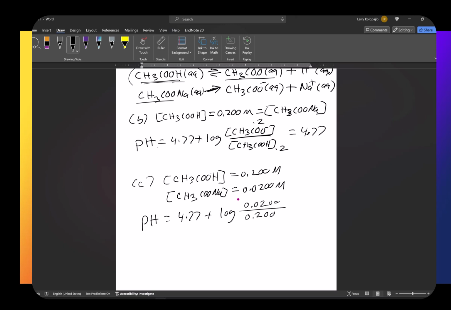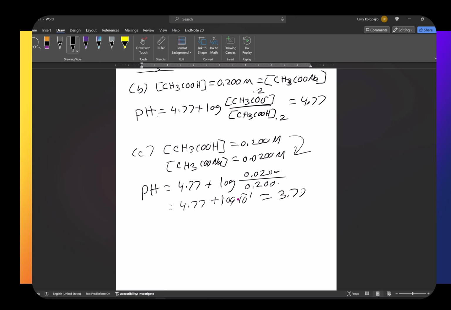You can calculate it out, right? You can get 4.77 plus log of 10 to the negative 1, which subtracts. There's going to be more acid than conjugate base. The acid is 10 times the conjugate base, so the pH should be lower than the pKa, which it is by 1 unit. Each factor of 10 means a pH drop or increase of 1.